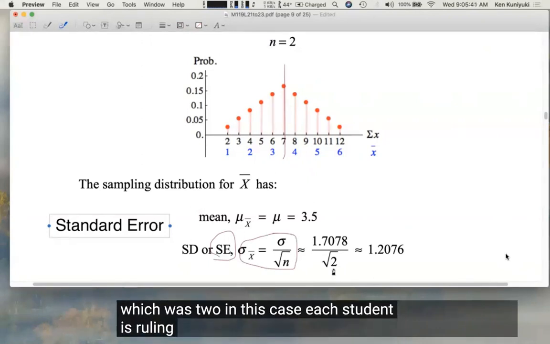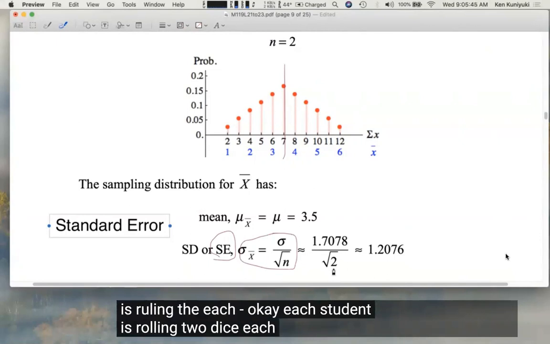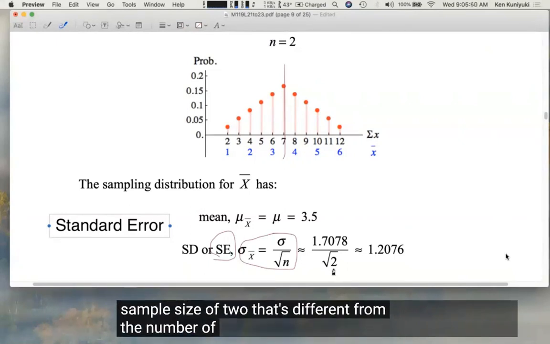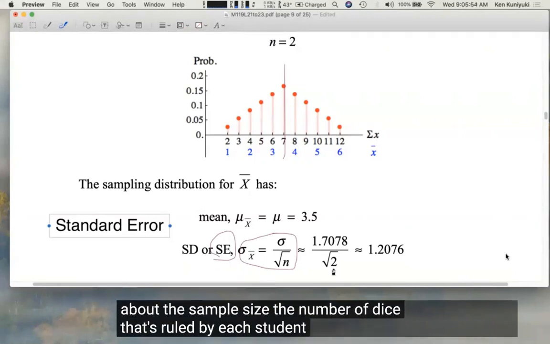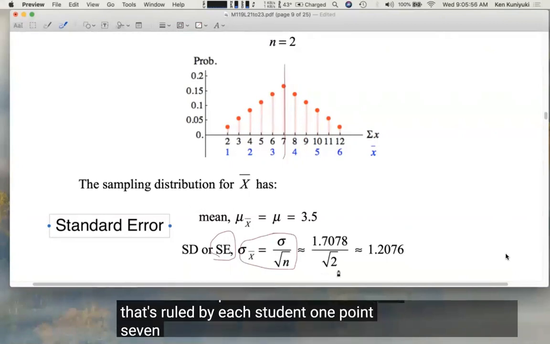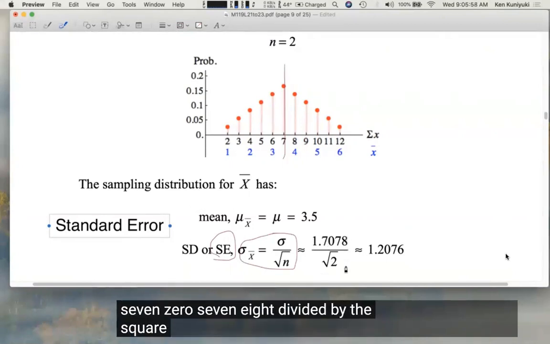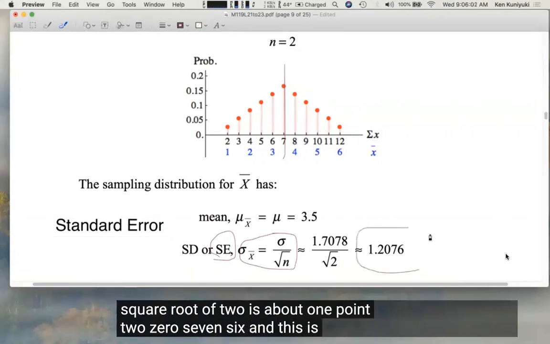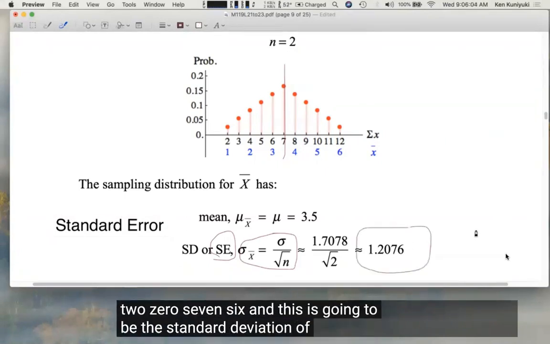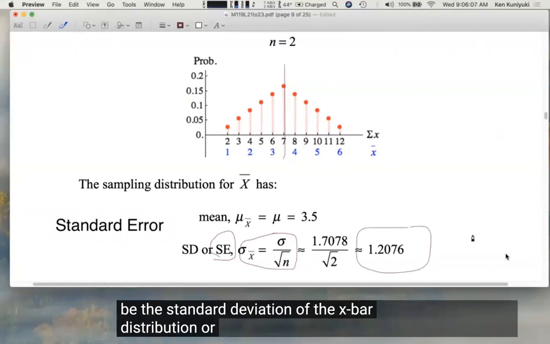Each student is rolling 2 dice. Each student has a sample size of 2. That's different from the number of samples. We're talking about the sample size, the number of dice that's rolled by each student. 1.7078 divided by the square root of 2 is about 1.2076. And this is going to be the standard deviation of the X bar distribution, or the standard error.